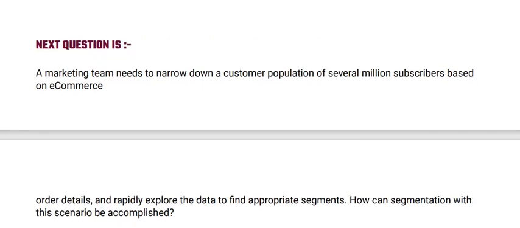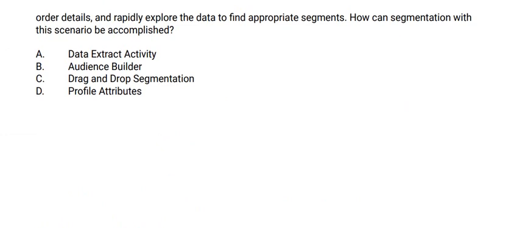Next question is: a marketing team needs to narrow down a customer population of several million subscribers based on e-commerce order details and rapidly explore the data to find appropriate segments. How can segmentation with this scenario be accomplished?